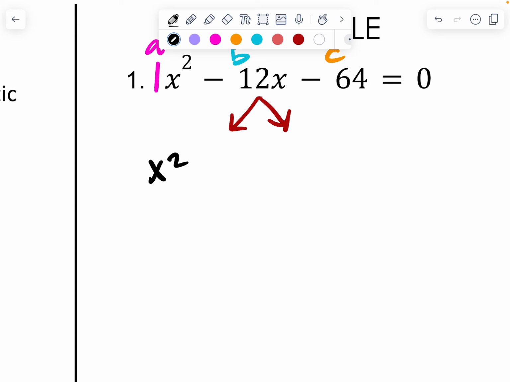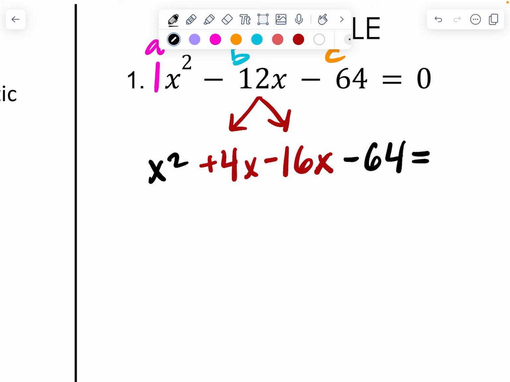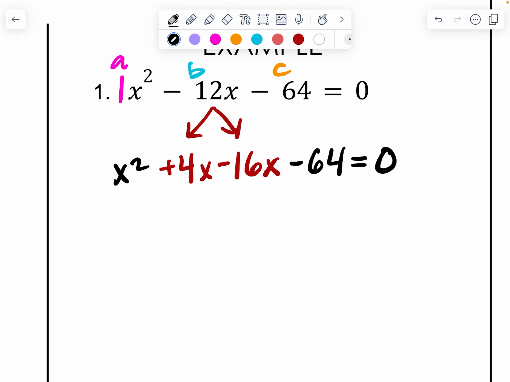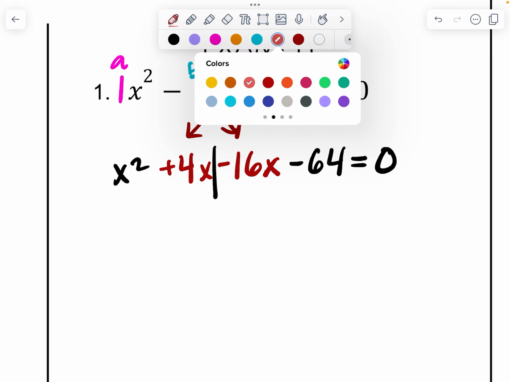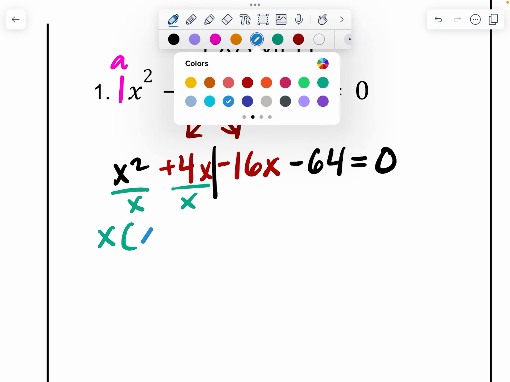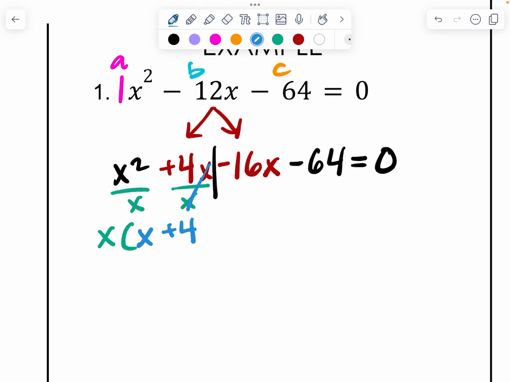So x squared plus 4x minus 16x minus 64 equals 0. So this is exactly what we did when we were factoring, except now there's an equals 0 on the end of it. So let's factor by grouping. You can factor out x, and I get x plus 4. Now remember that you can divide this number by this number.